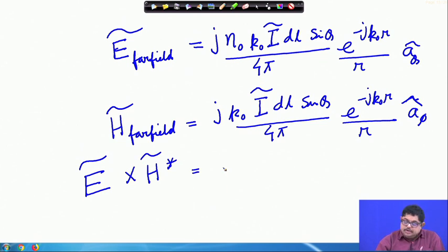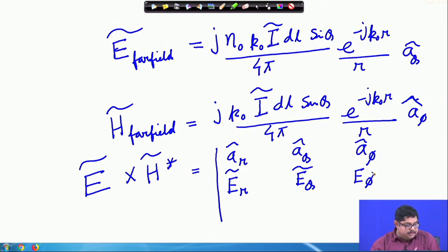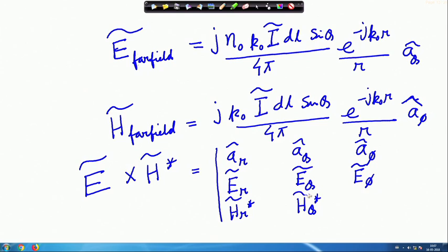So, we will have to take this in spherical coordinates, that means A R, A theta, A phi, this all you know, just if any of you forgot, that is why I am writing E R, E theta, E phi and H R star, H theta star, H phi star.